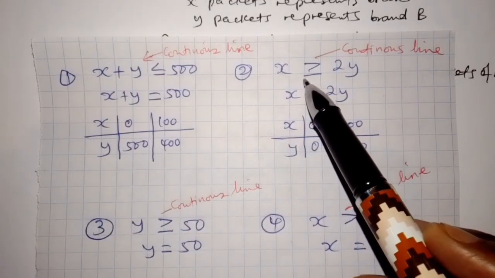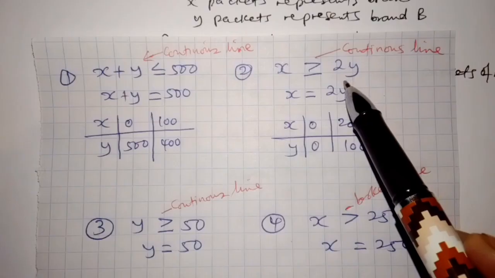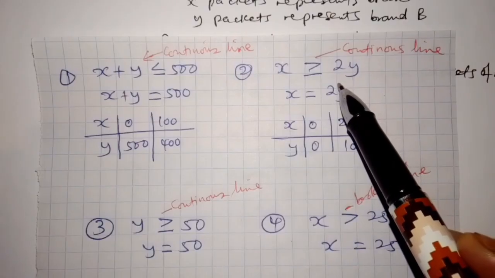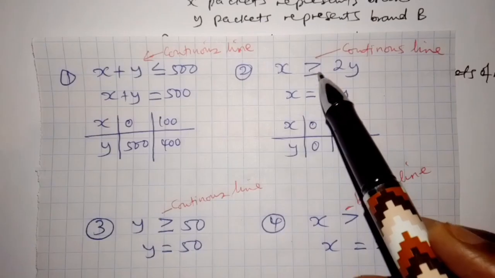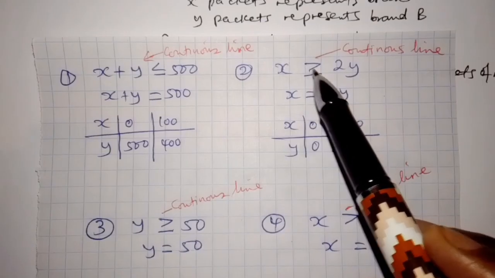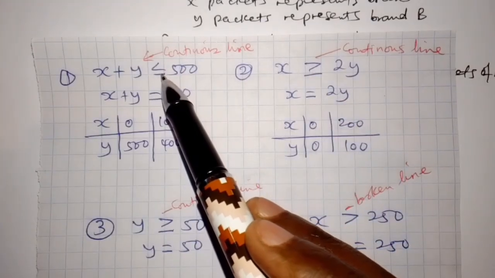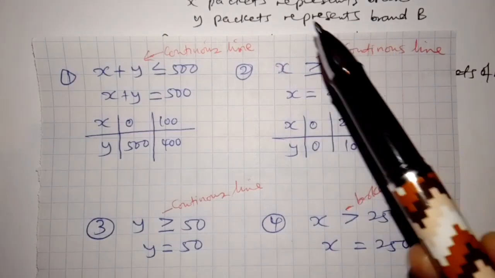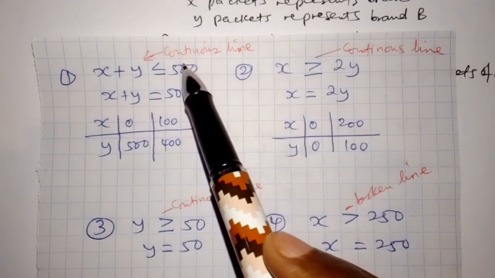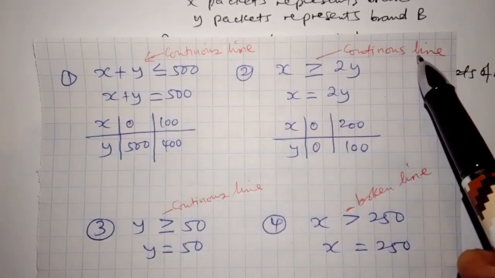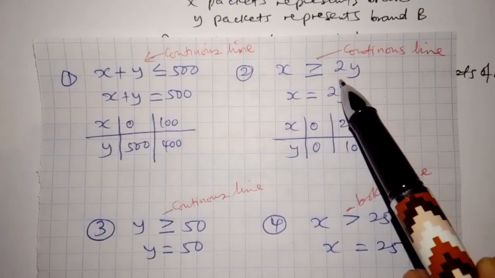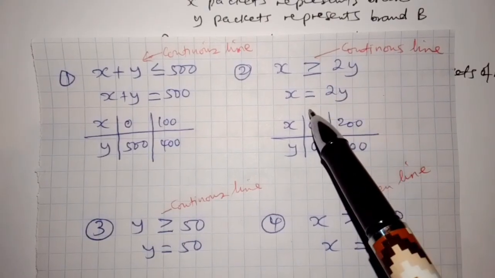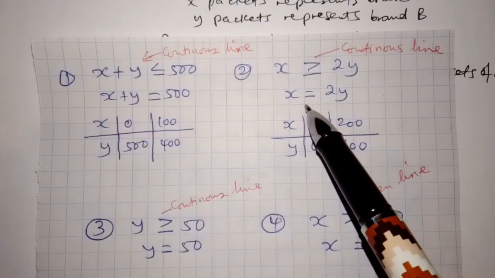X is greater or equal to 2Y. When we see greater or equal or less than or equal, then our graph is going to have a continuous line. We draw a graph of X is equal to 2Y.